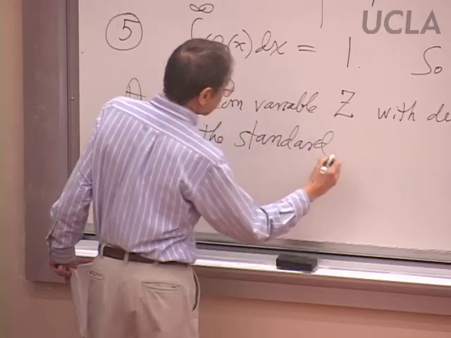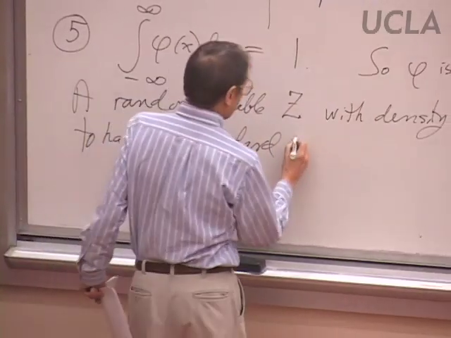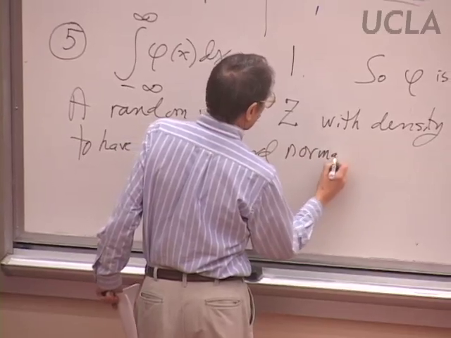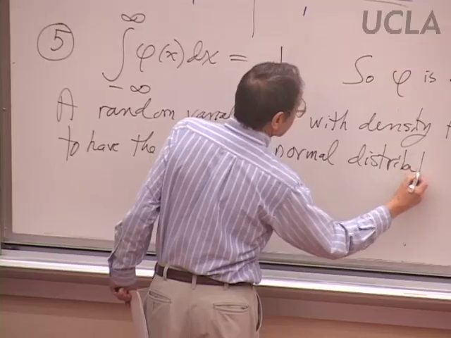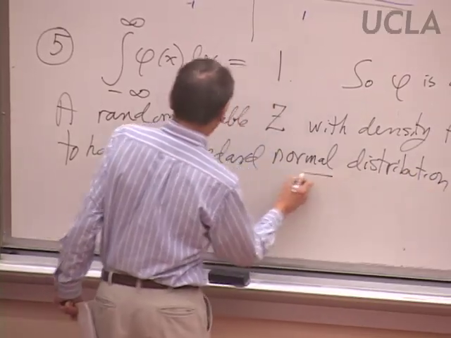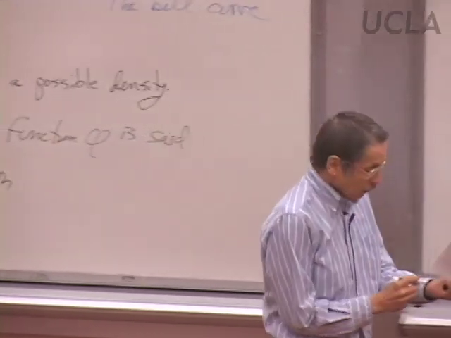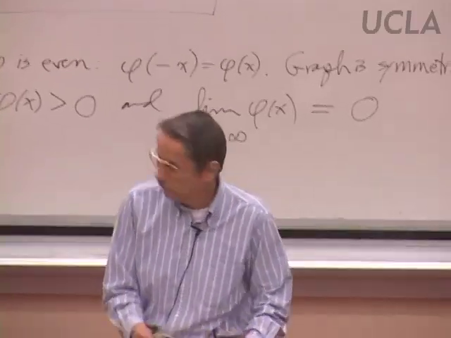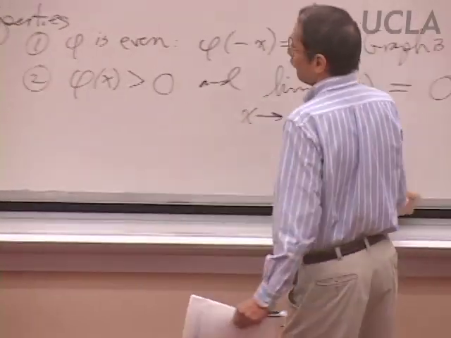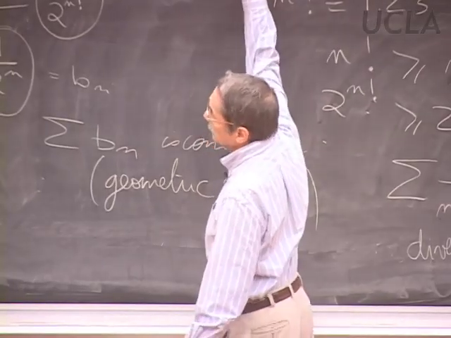Later we'll look at cases where it's normal but not standard. Okay, so we'll also want the cumulative distribution function for Z. So call that capital phi.